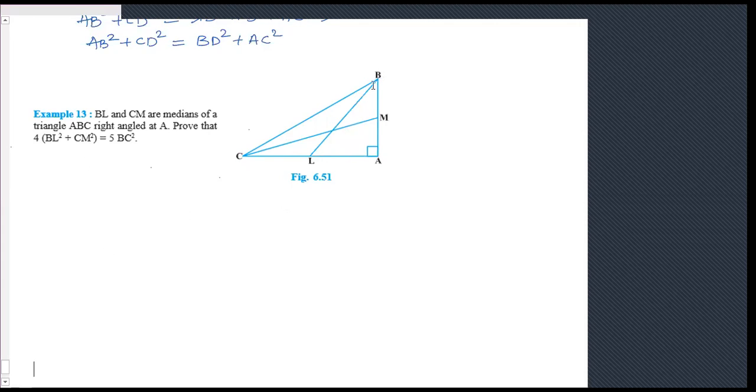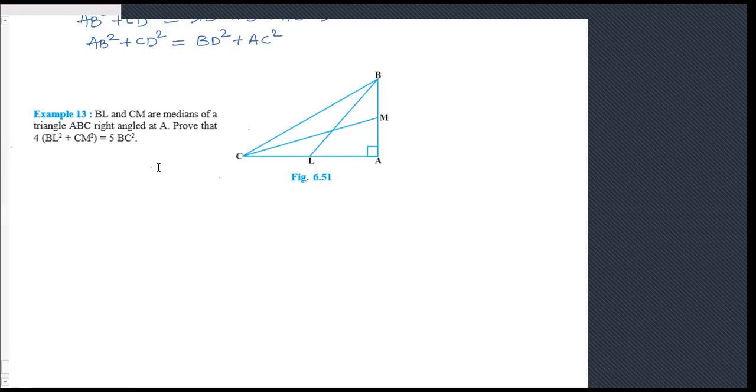And then they have given BL is a median. So what do you mean by BL is a median? It divides the base into 2 equal parts. That is, L divides base AC into 2 equal parts, AL and CL are equal, and each part will be half of the full side. Can we write that way?